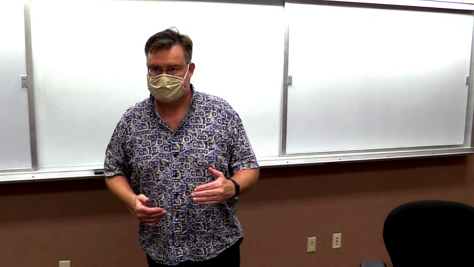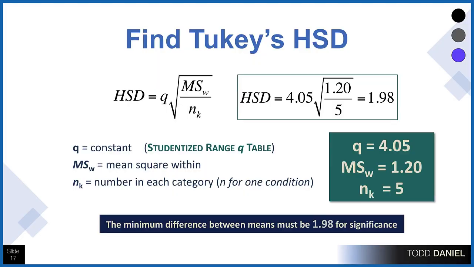But if you were to have unequally sized groups, you would use the sample size of the smallest group. So let's say we have 3 groups, and there's 15, 17, and 20 in each group. We would use n sub k of 15. Use the smallest group.